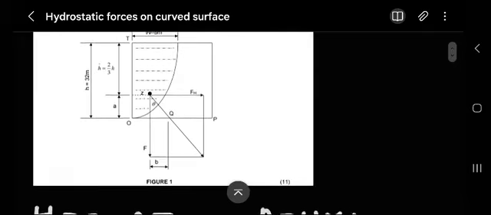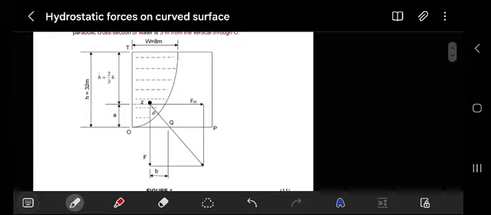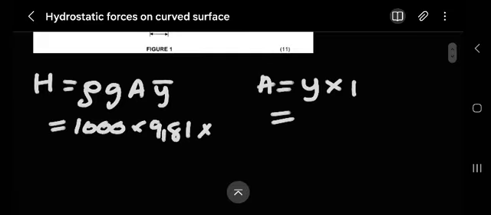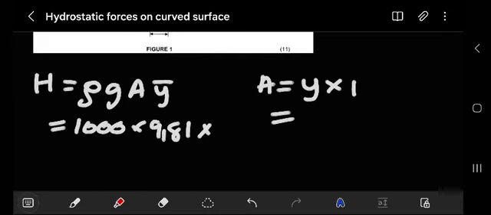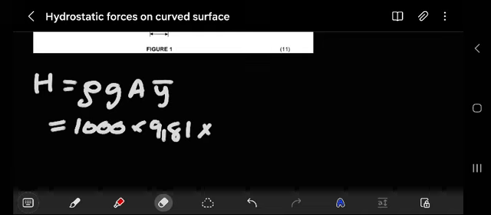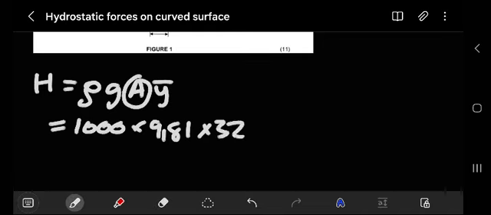Y is the same as h, which is 32. So this will be 32 multiplied by 1, same as 32. Our area will be 32 multiplied by y bar.